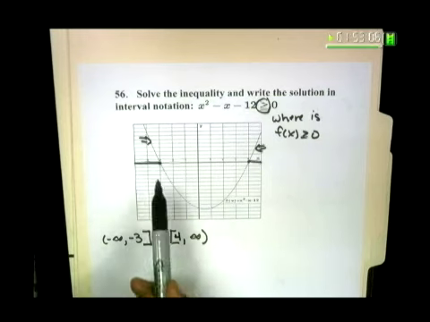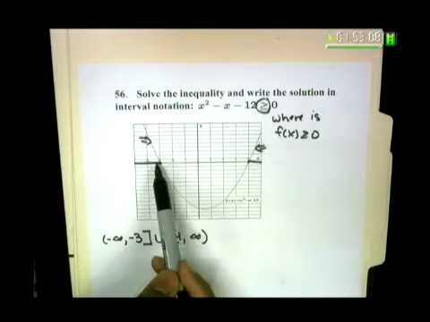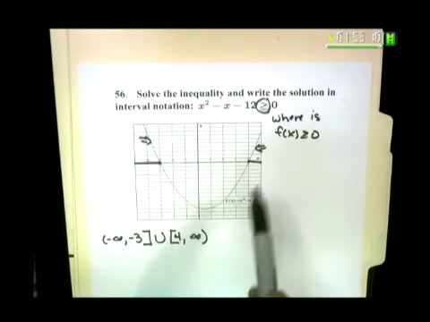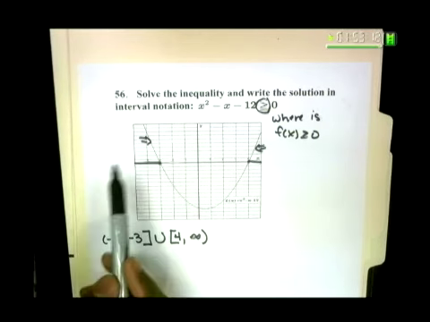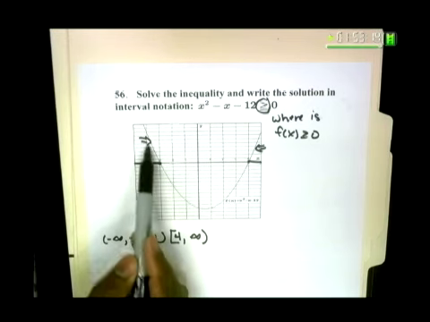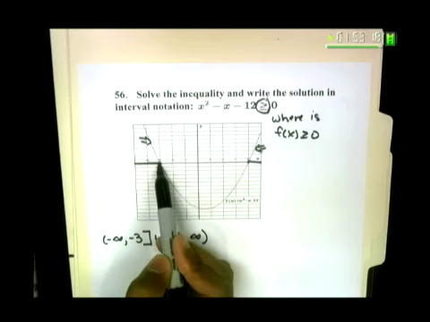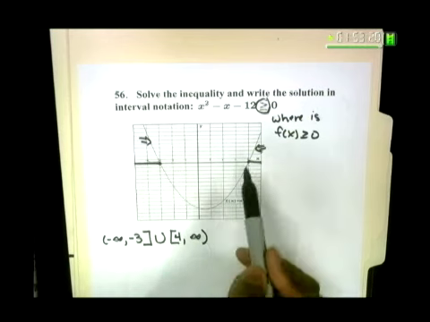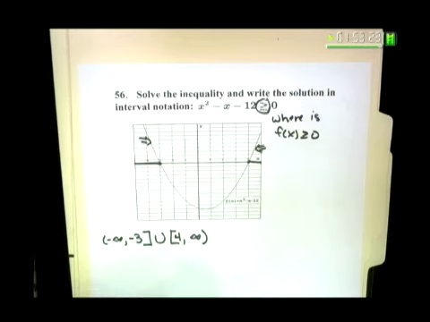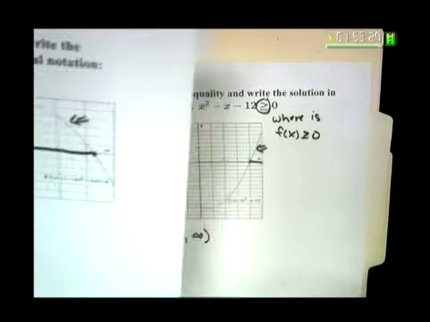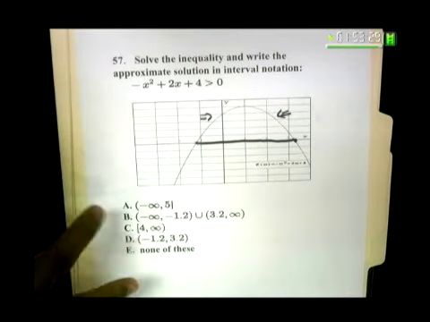And so where the graph is positive happens to be outside of the two x-intercepts. If it were facing the other way, downward, then it would have been everything inside.